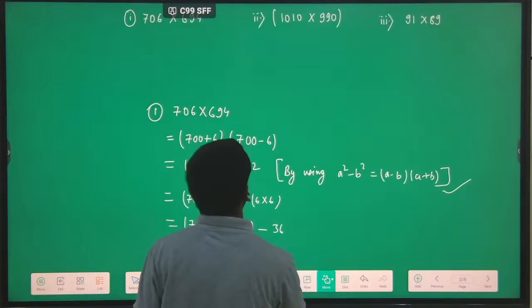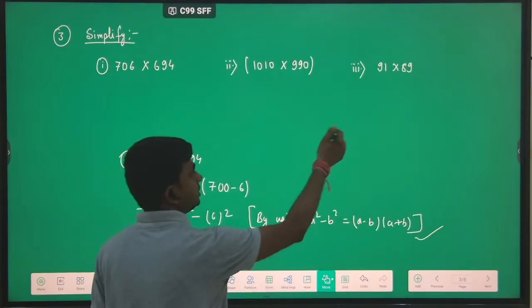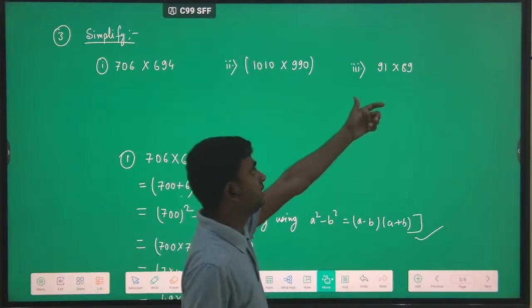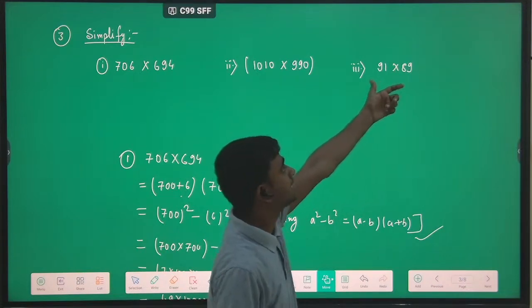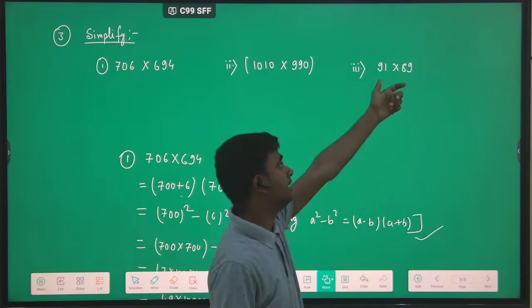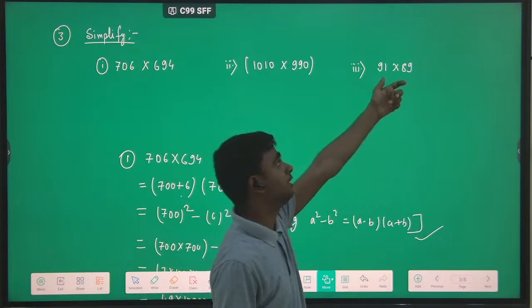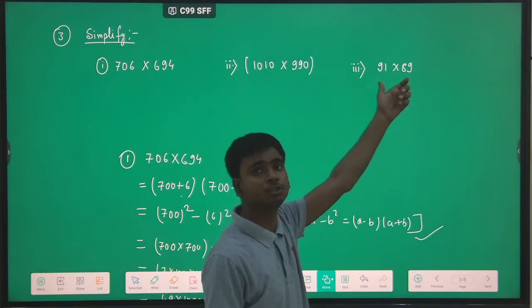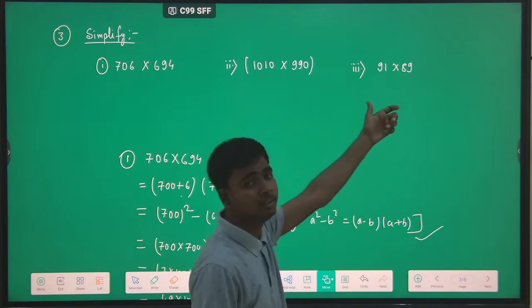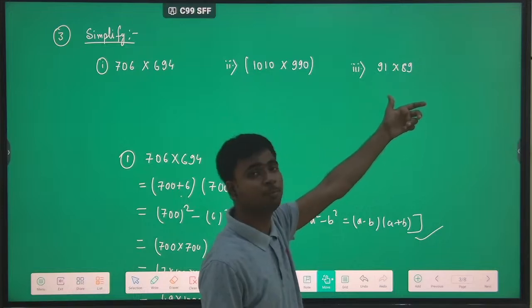Now let us move to our third question. This is the same. In the nearest 90, we can write 91 as 90 plus 1, and we can write this 89 as 90 minus 1. So we can solve this question by using this formula, 90 minus 1 into 90 plus 1.